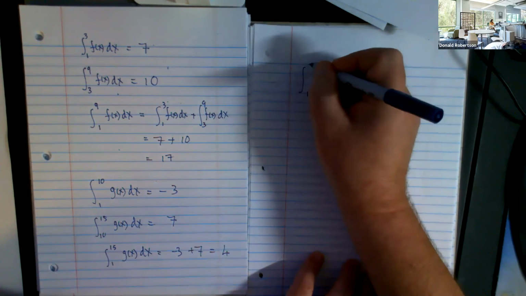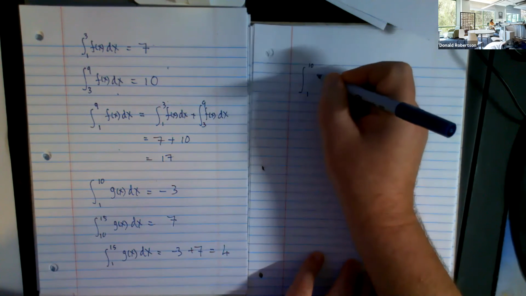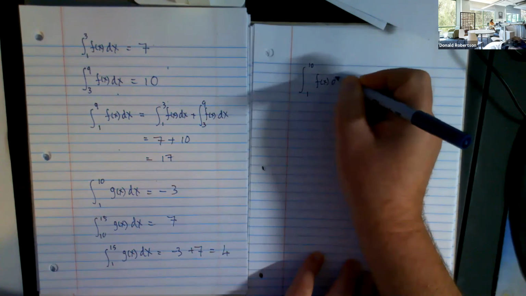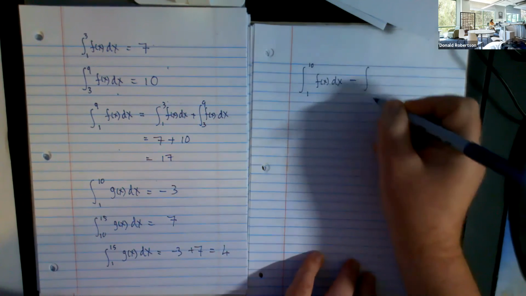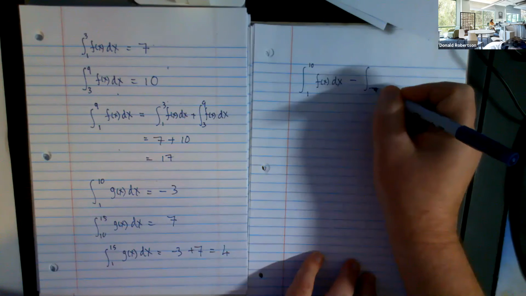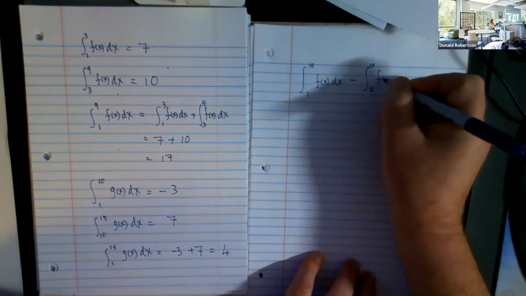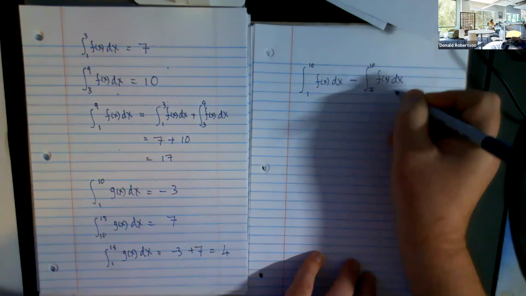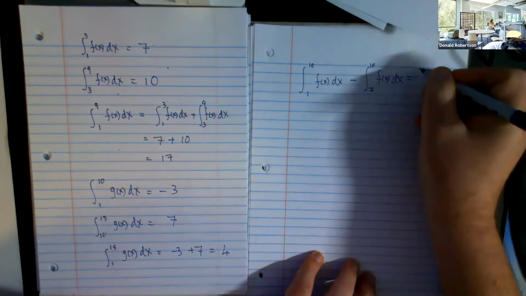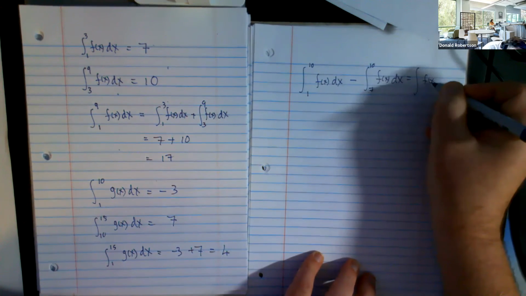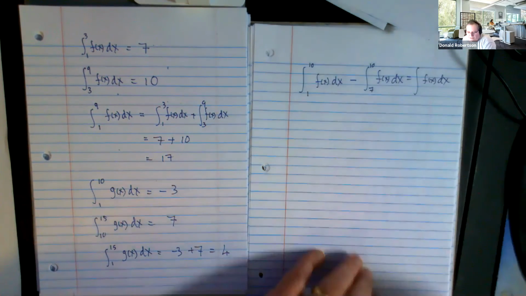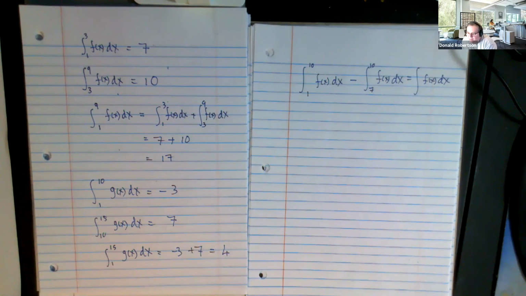And there are no numbers involved here, but the integral from 1 to 10 of f of x, take away the integral from 7 to 10 of f of x. What would that be equal to? So you did 1 to 10, and then you cut out 7 to 10.